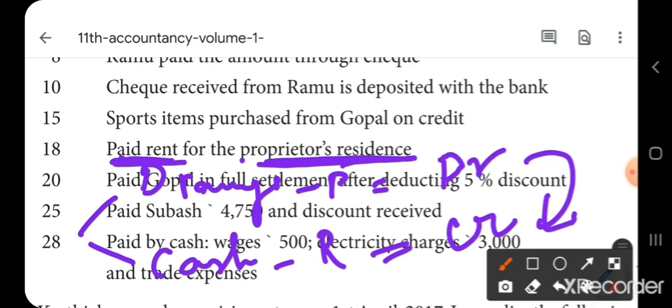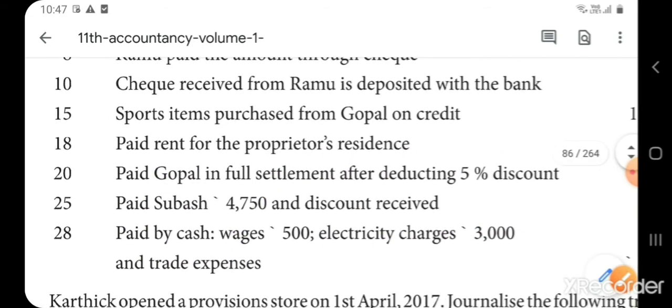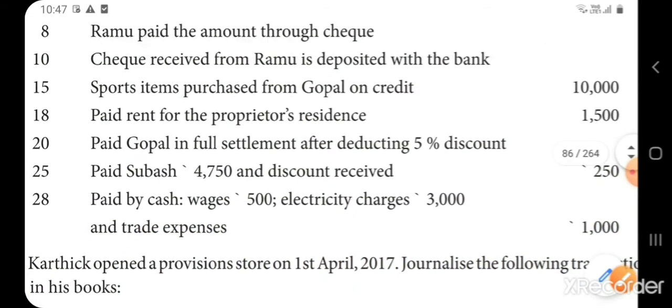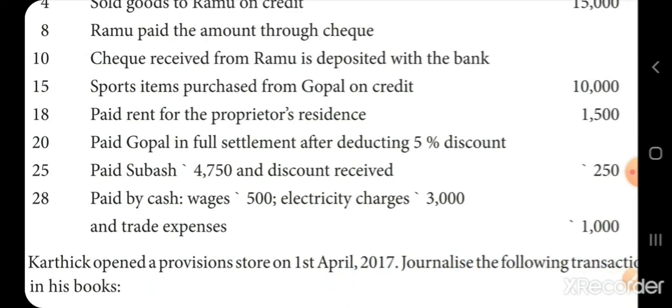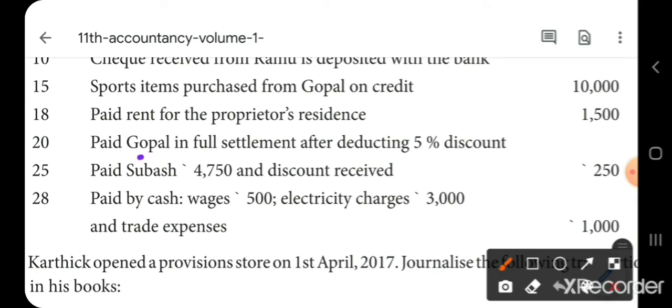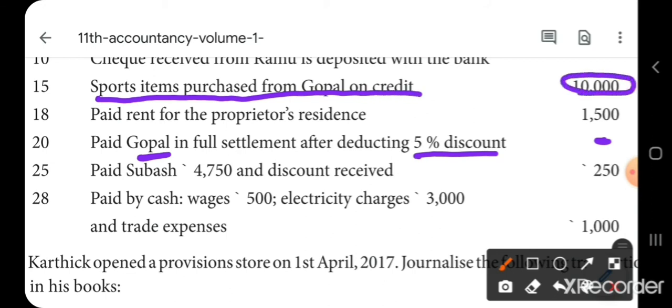Now 20th transaction, paid Gopal in full settlement after deducting 5% discount. The amount is not given here. See the previous transaction. You have purchased the goods from Gopal for 10,000.